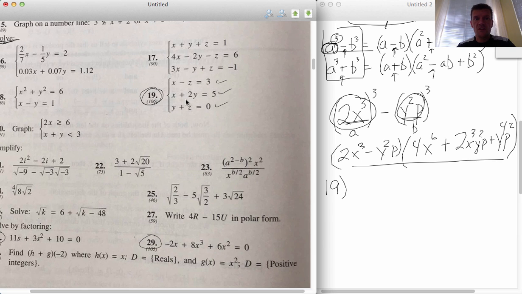There's lots of ways to solve this, but one of the easiest ways is to use a method of either substitution or elimination or a combination of both. Okay? So you can approach this many different ways. As long as you are algebraically sound, you'll be fine.